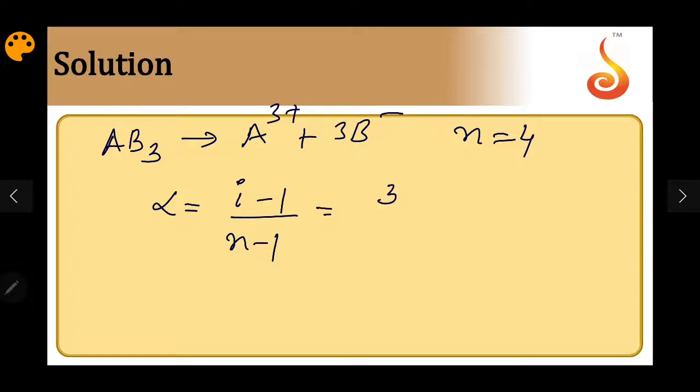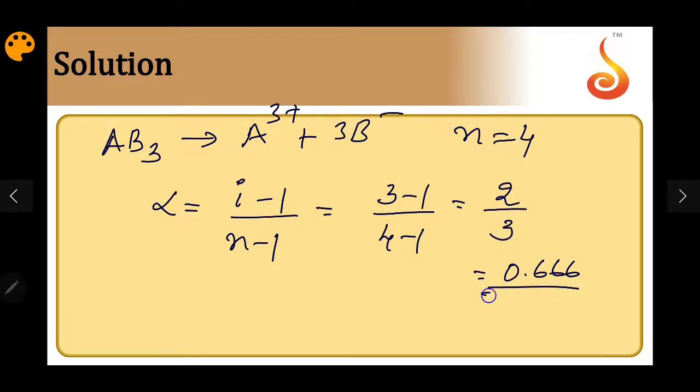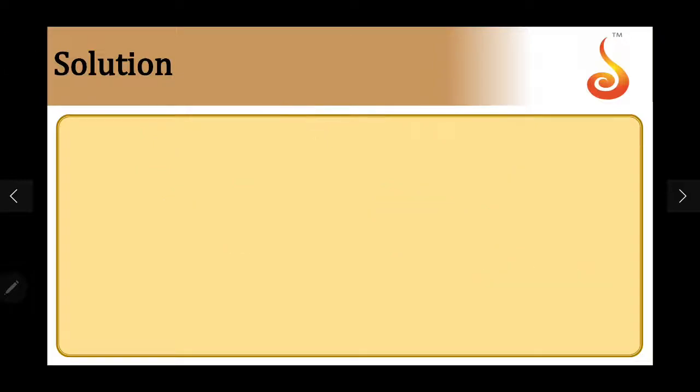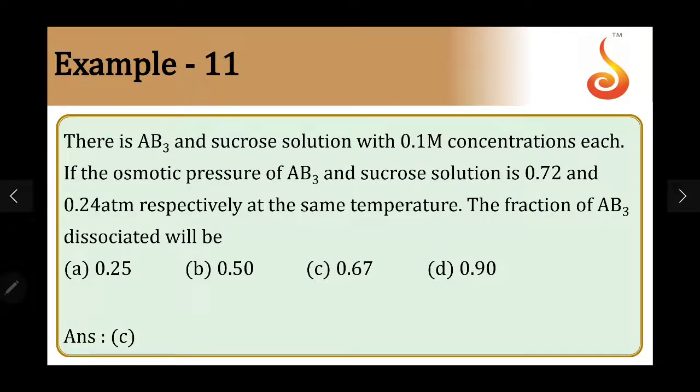So I is 3, 3 minus 1 by 4 minus 1. 3 minus 1 is 2, 4 minus 1 is 3. So it's going to be 0.666 recurring. So alpha is 0.67. So we'll go to the options. Option should be C, 0.67.